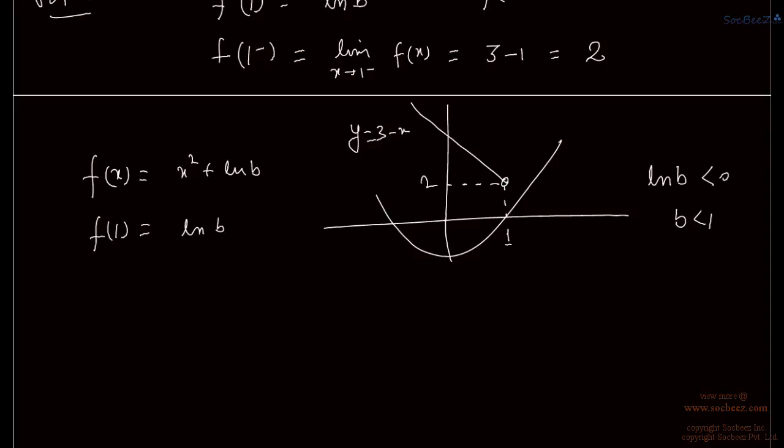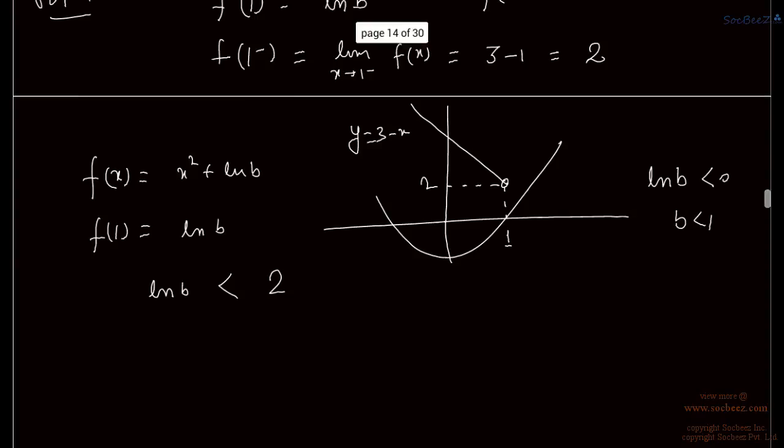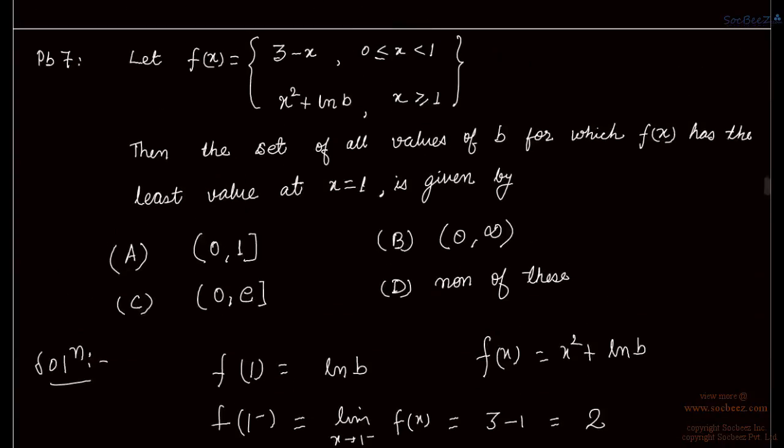So this ln b must be less than 2, right? Because let us read the question. Then the set of all values of b for which f(x) has least value at x is equal to 1 is given by.